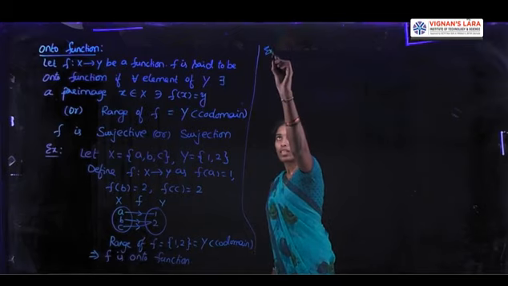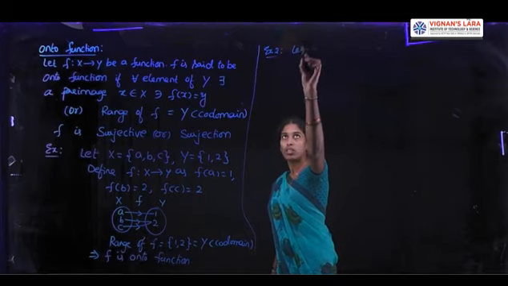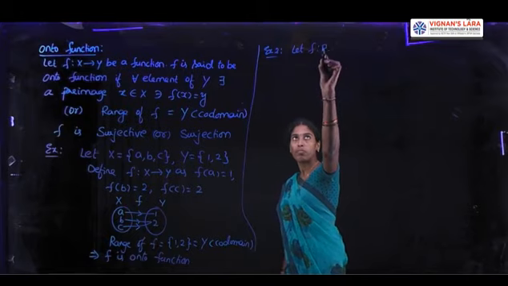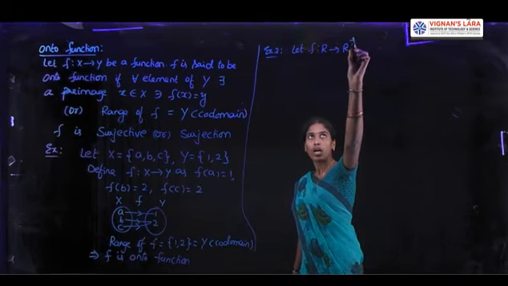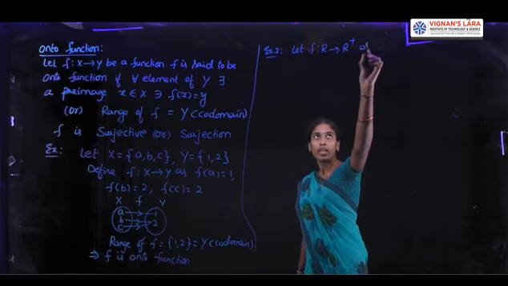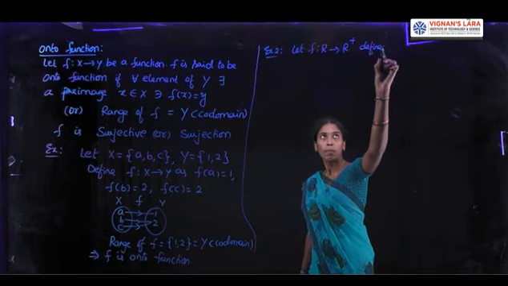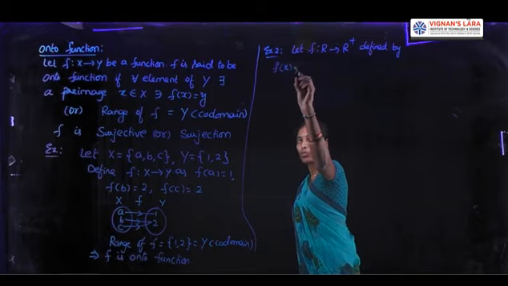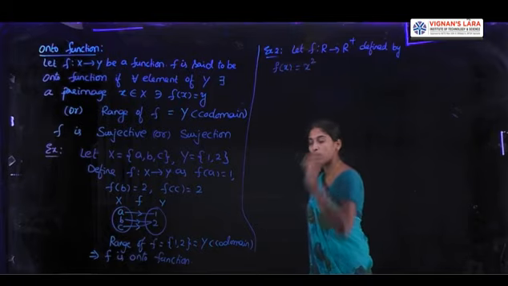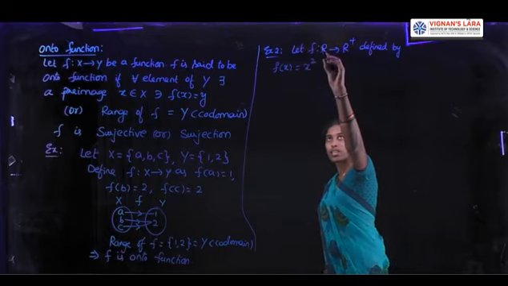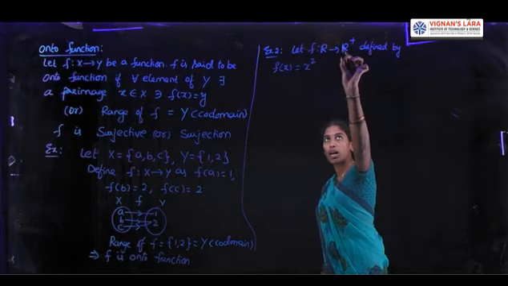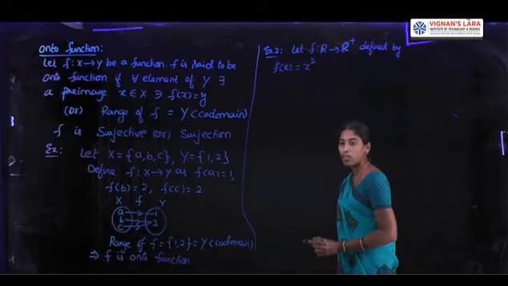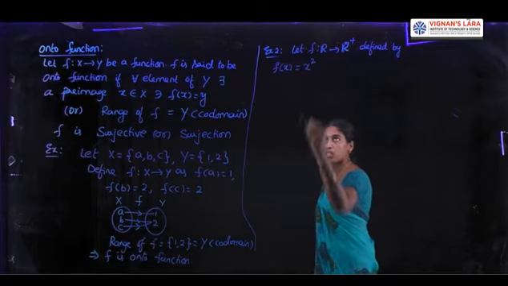We will see another example. Let f from R to R+ be defined by f(x) = x square. Here R is the set of real numbers and R+ is the set of positive real numbers.